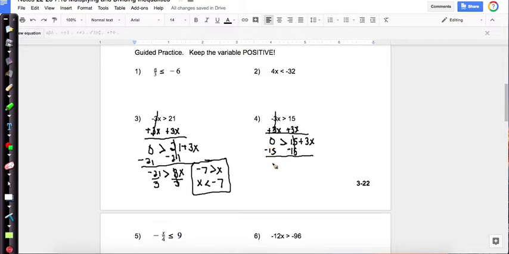The 15's cancel. 0 minus 15 is negative 15 is greater than 3x. And then I divide by 3. 3 divided by 3 is a 1 in disguise. And negative 15 divided by 3 is negative 5 is greater than x. Or, if I read it from the letter, x is less than negative 5.